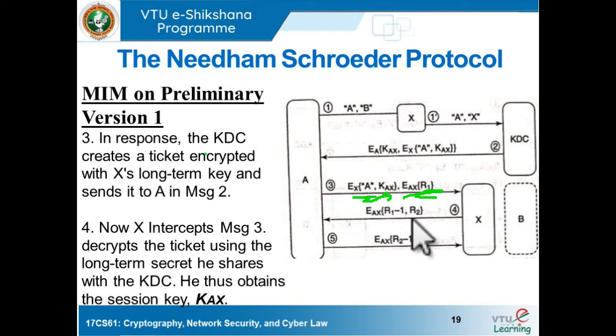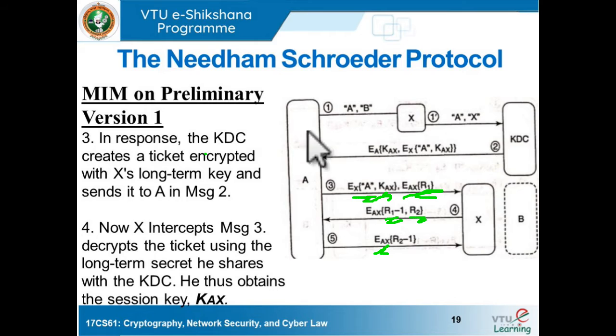Now let's have a look at this particular diagram. Over here A is the communicating party who is wishing to communicate with user B, and KDC is a trusted third party which is responsible for helping A and B get a session key. Now how is this achieved?